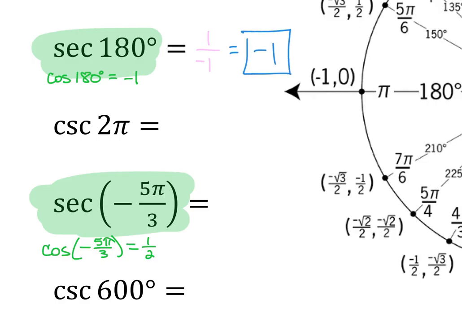So the secant of 180 is also negative 1. And I'll do the same thing here for 5 pi over 3. And you can either think 1 over 1/2, which is kind of gross, or you can just flip the 1/2 and it becomes 2 over 1. And so the secant of negative 5 pi over 3 is just positive 2.